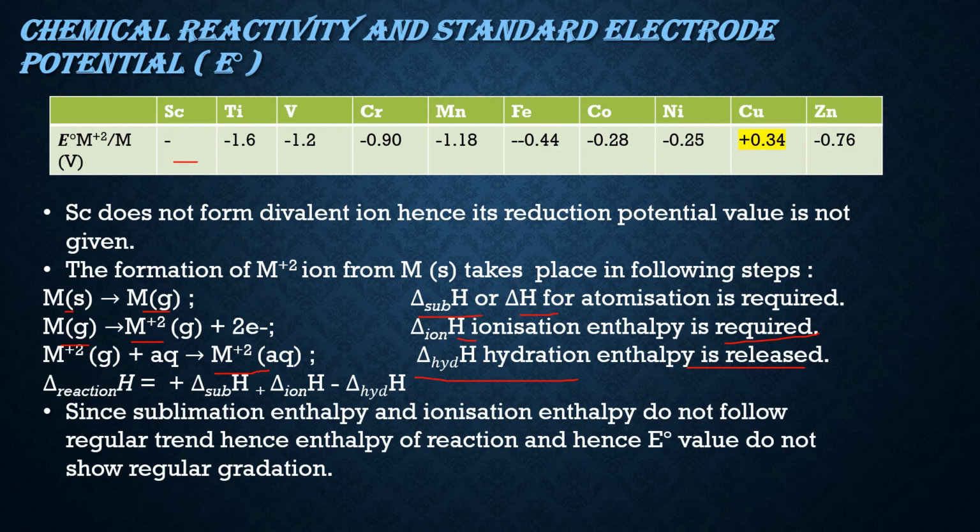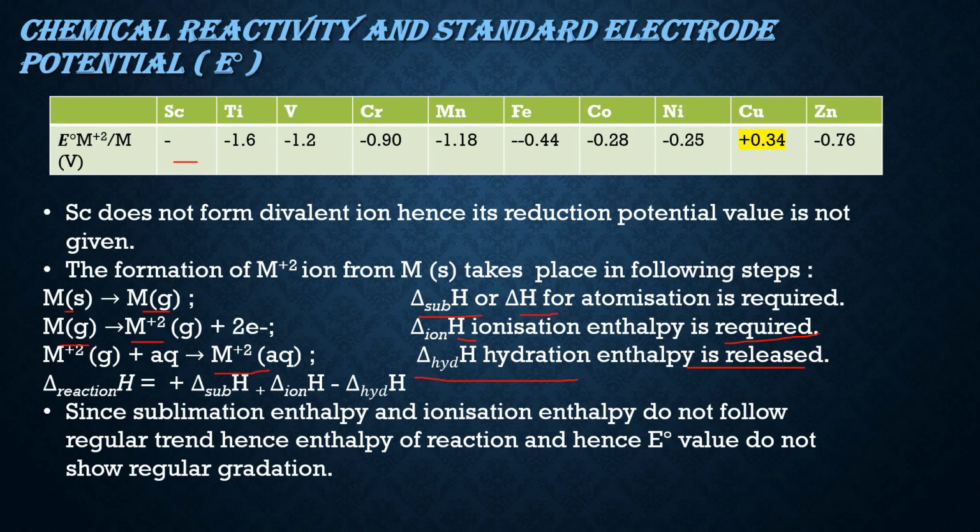Now the total enthalpy of this reaction is equal to sublimation enthalpy plus ionization enthalpy plus hydration enthalpy. Remember one thing: sublimation enthalpy and ionization enthalpy are energy required, so both are positive, and the third one, hydration enthalpy, is energy released, so we take it as negative.